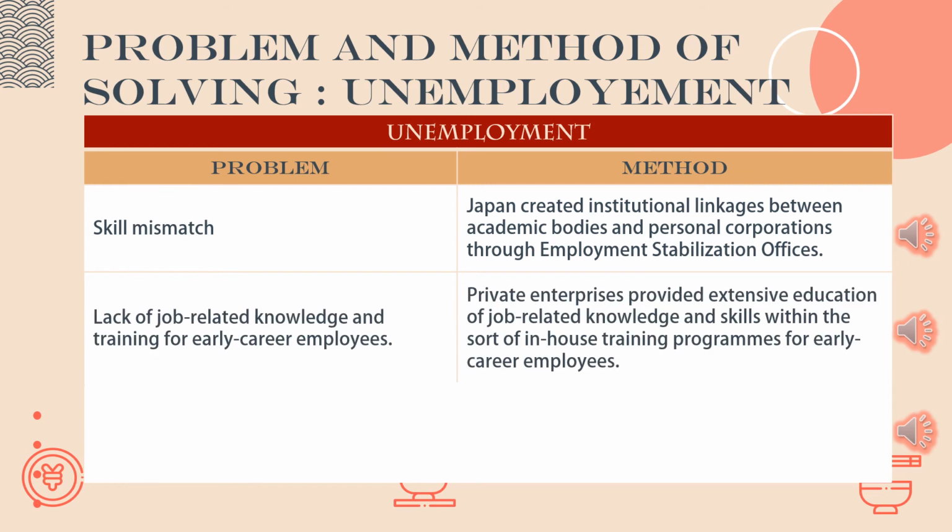Second, substantial teaching of job-oriented knowledge and skill was carried out by private firms in the form of in-firm training programs for new and early career employees. With some exceptions, the Japanese government's early attempts to develop public industrial education did not succeed because of the absence of mechanisms to feed skills requirements in new industries, including school curricula.